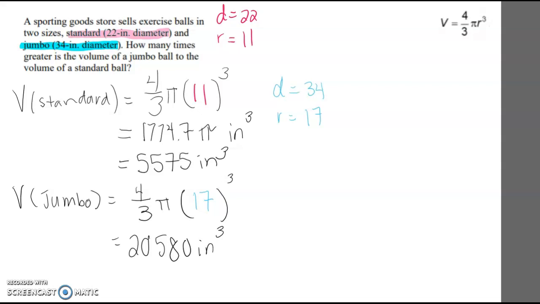Now, I found the volume of a standard exercise ball and the volume of a jumbo exercise ball. In order to find how many times greater the volume of the jumbo ball is to the volume of the standard ball, we're just going to take our two values, 20,580 and divide it by 5,575.